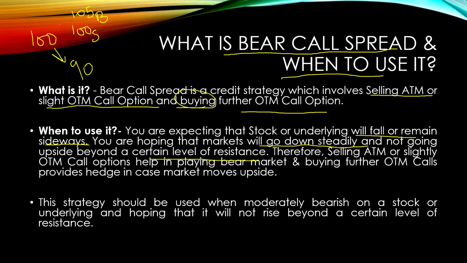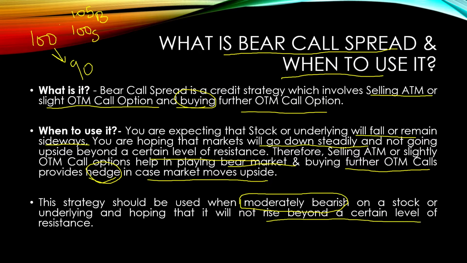Selling at the money or slightly out of the money call options helps in playing a bear market, and buying further out of the money call options provides a hedge in case the market moves upside. So this strategy should be used when you are moderately bearish on a stock and hoping that it will not rise beyond a certain level of resistance. These are the conditions which are good for a bear call spread.